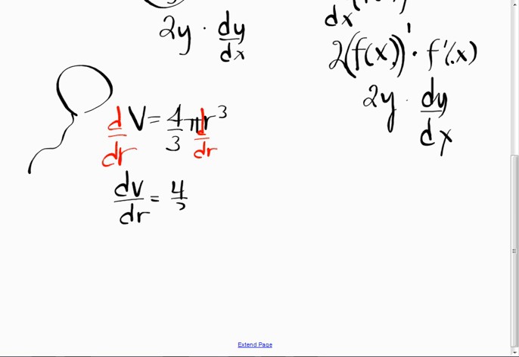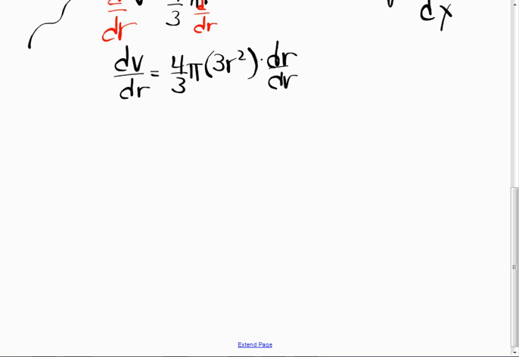This is 4/3 pi. I picked this because it's a real life problem. And what's the derivative of r cubed, but with respect to r? 3r squared. And you really could do times the derivative of r with respect to r, which is fine, because that's just 1. Now, I could ask you, how does the volume change as time changes? That's a different question.